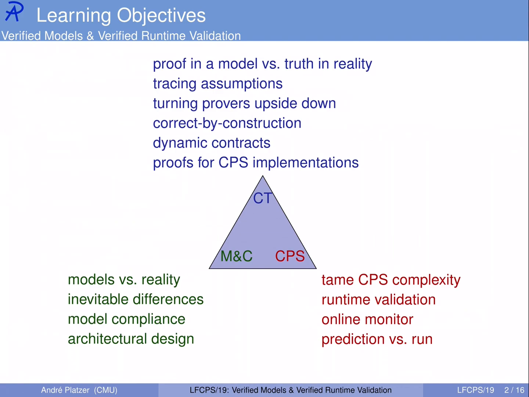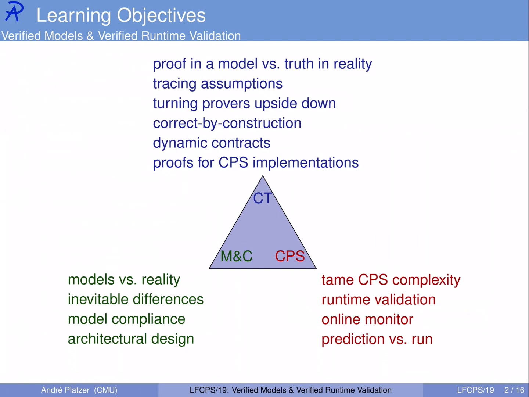On the CPS skill side, this lecture is of fundamental importance in order to make it possible to tame the CPS complexity, because it provides ways of isolating the safety critical parts of the system and not have to worry about the rest, yet still have a very disciplined argument about the overall working principles of the system, so that you can simplify models without losing the connection to real CPSs, which is a very beneficial aspect.